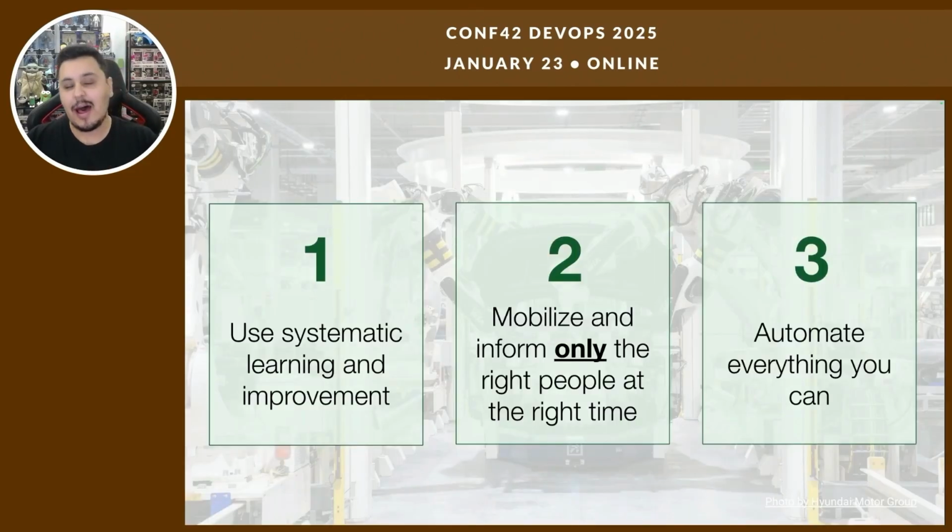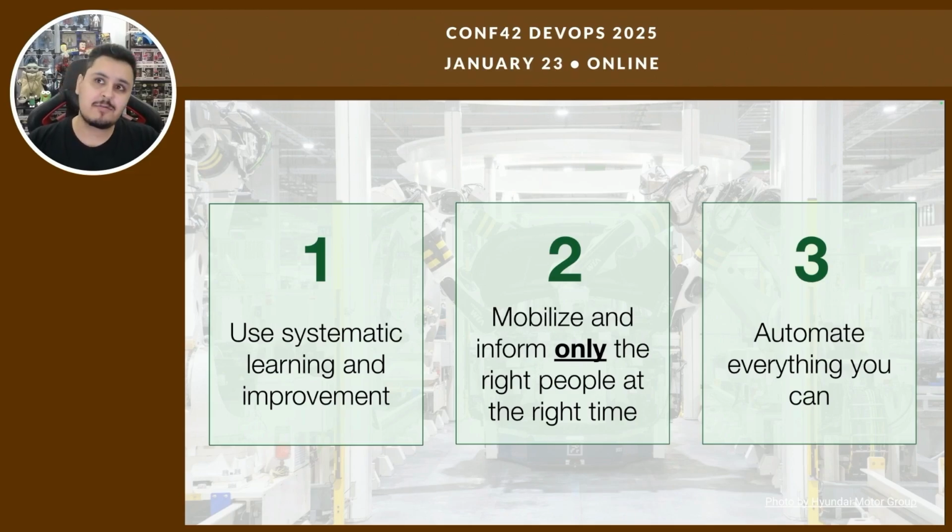So, how can we get started with incident response? There are 3 steps that we can follow. The first one is systematic learning and improvement. This means that you can build off the mistakes you make and avoid repeating them in the future. You keep learning, you keep improving. The second one is to mobilize and inform only the right people at the right time.